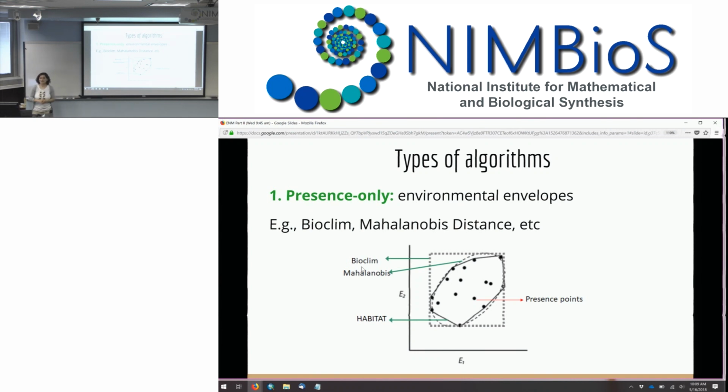Okay, oh, yes. Microphone, I'm sorry. So basically, the calibration area is M, no? So you need to have that M defined so that you can use that background within M to calibrate the model. So that's why it's really important. Yes, exactly.